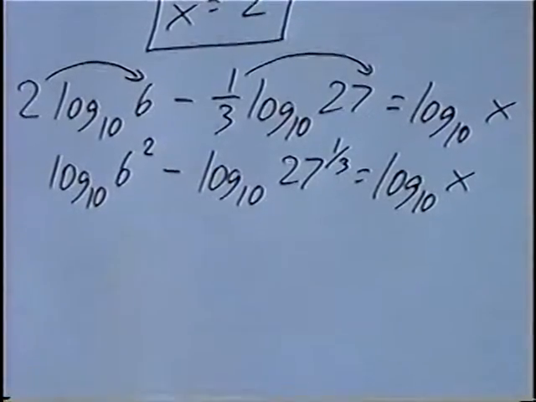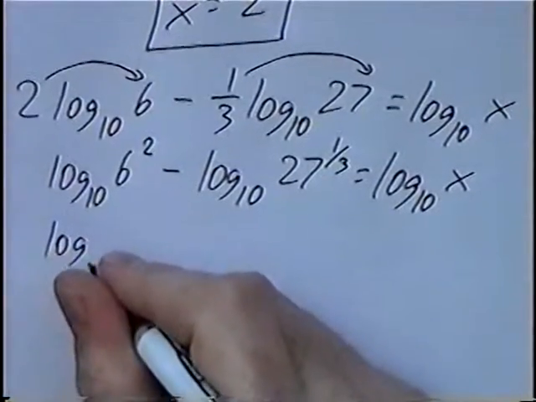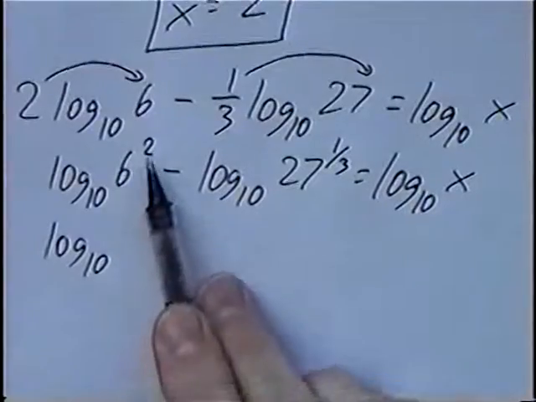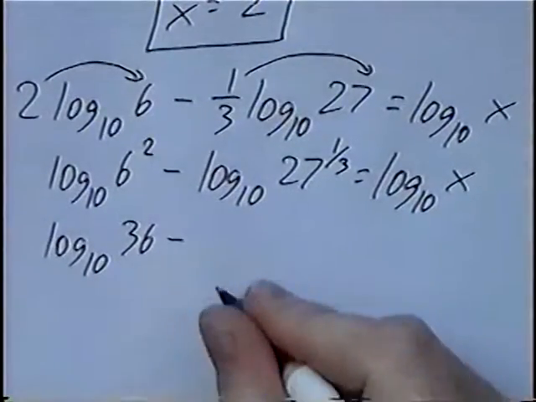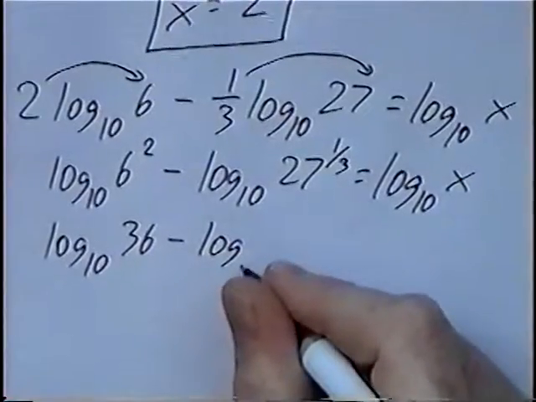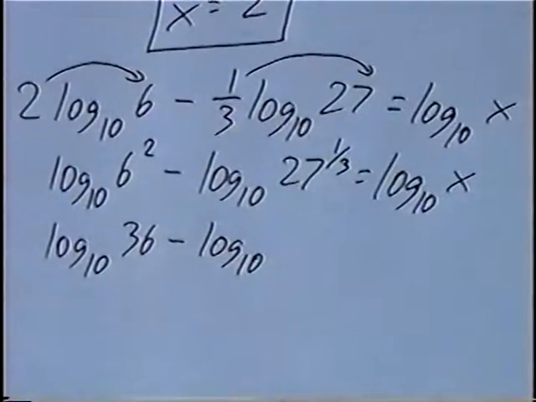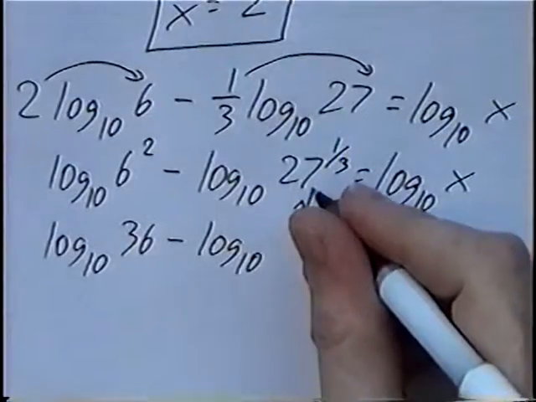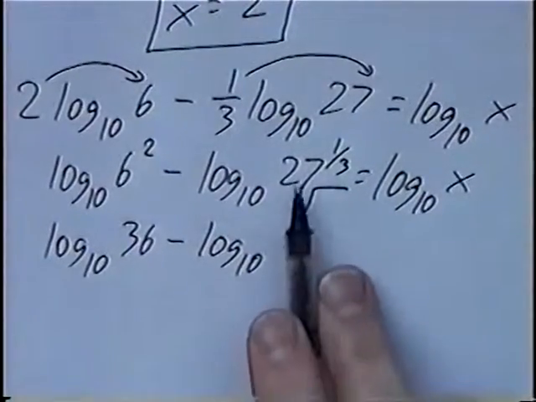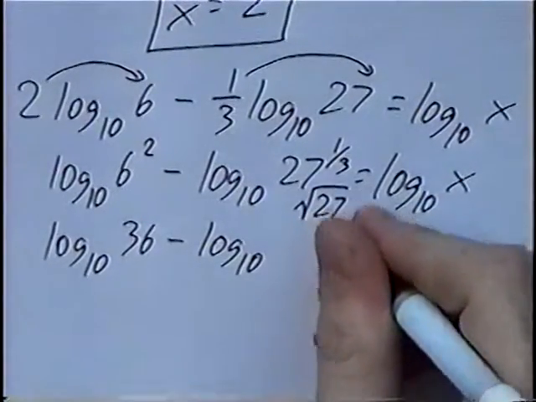Simplifying further, the log and the base would stay the same. 6 to the second power, we can rewrite as 36, minus the second log and base would stay the same. 27 to the 1/3 power. If you remember fractional exponents from previous sections, this is basically taking a radical. The 27 would stay on the inside.